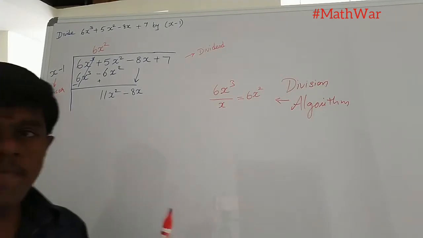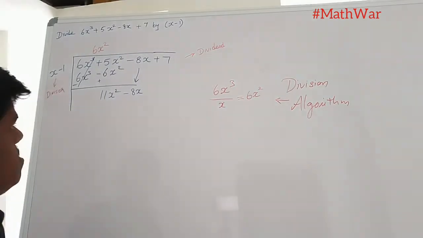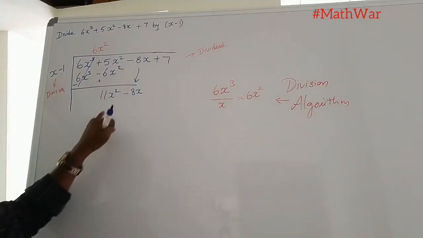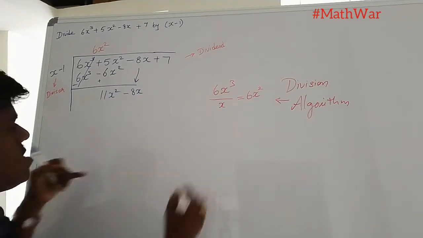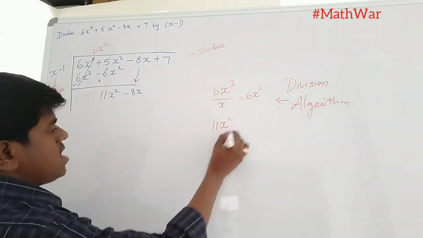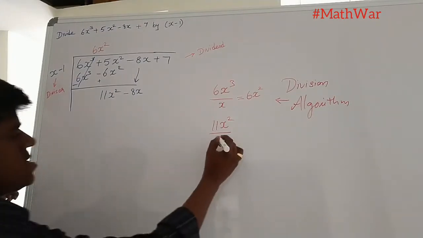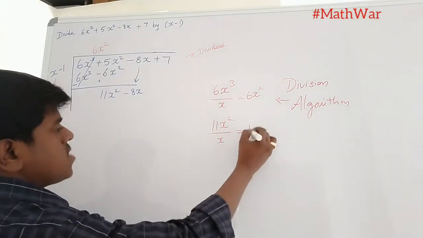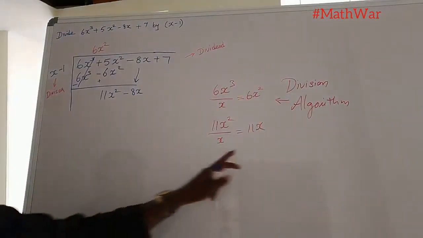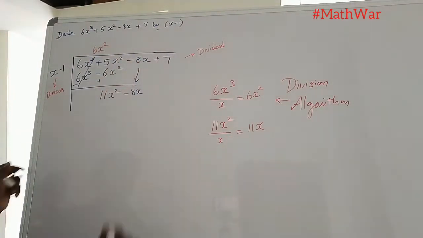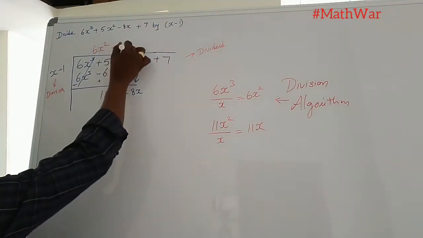Now again the same process should be continued. So now we are going to divide this by x minus 1. The first term is 11x square, and we already know the first term of the divisor is x. We should divide it by x, and you can see the answer is 11x. That should be written in the quotient place. So it is plus 11x.